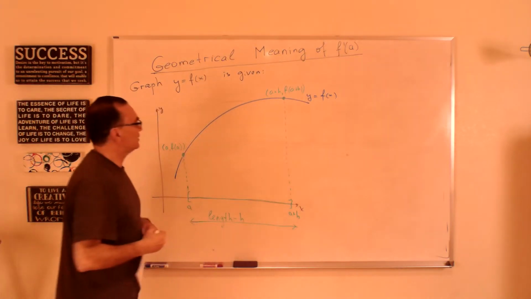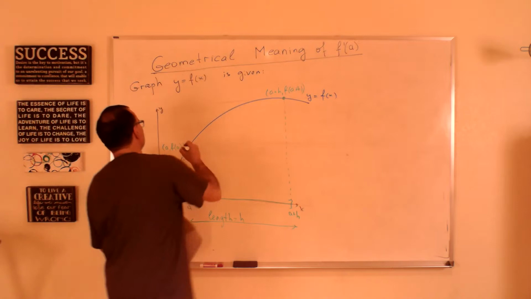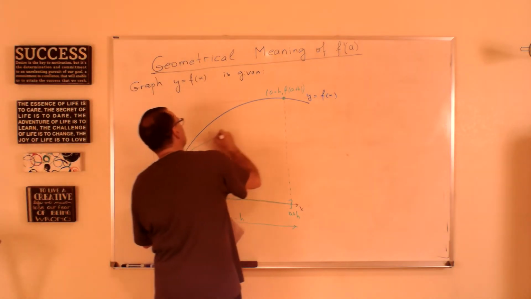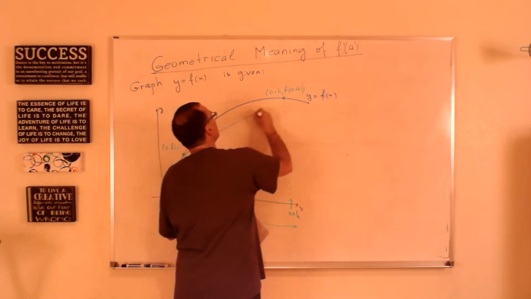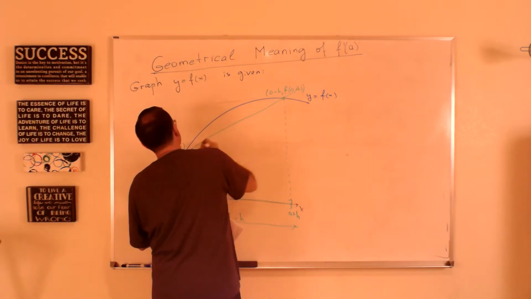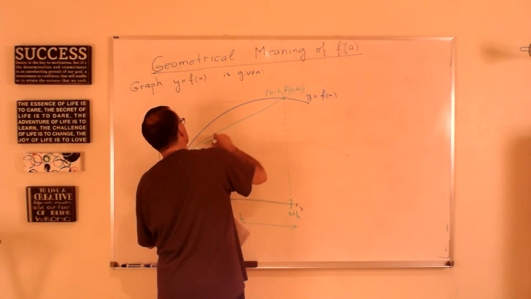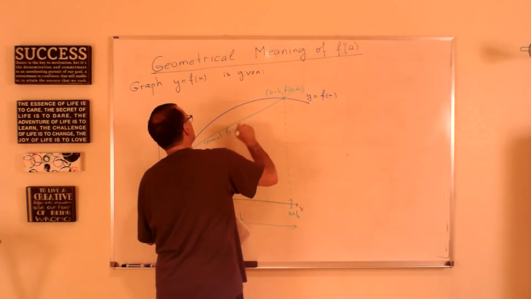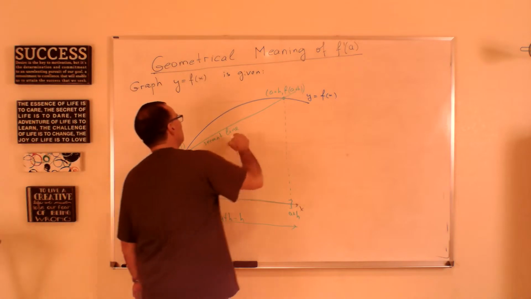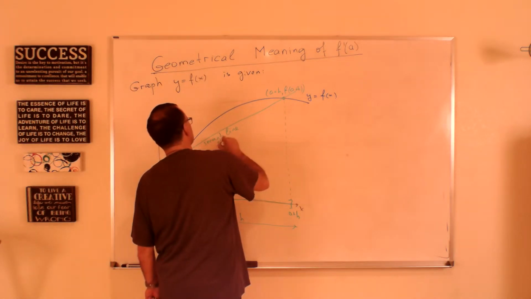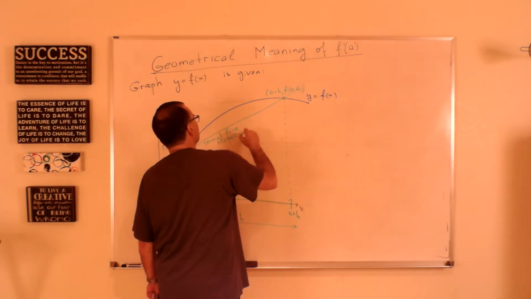So these are the coordinates of the other point, and now we connect them together with a straight line. And this is the secant line. And the slope of this secant line equals average rate of change.